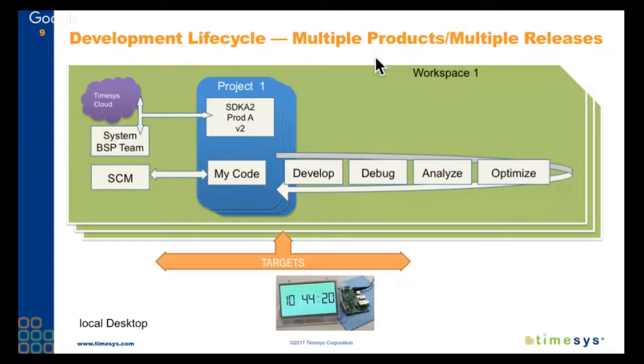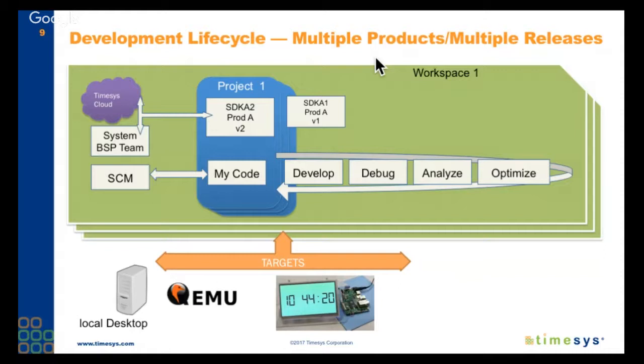So if a colleague has a local desktop, which they typically do, or a processor emulator, a very popular processor emulator in embedded Linux is called QEMU, they can use the same IDE and the same process. The only difference is that they're going to have to use a different software development kit. Why?